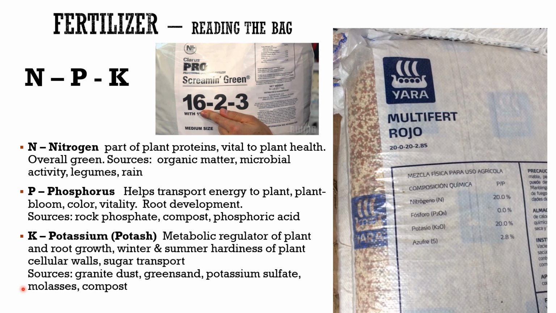I don't read Spanish, but I could tell by looking at the bags that I saw their NPK, and it gave the percentage of what they needed for their soil there. Nitrogen was 20%. They didn't have the phosphorus, didn't need that. They had the potassium, had a number for that, and apparently they needed some sulfur in their soil there. So it was interesting to find a different country also using the NPK numbers.